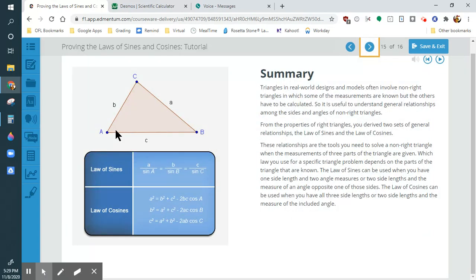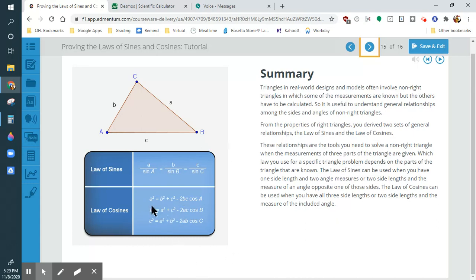And in summary, way back when we did the law of sines. So here's the law of sines. It's just saying the side over the sine of its opposite angle is always equal to any other side over the sine of its opposite angle.